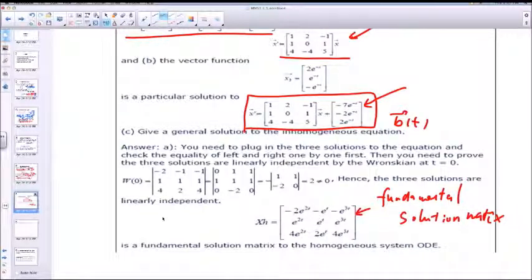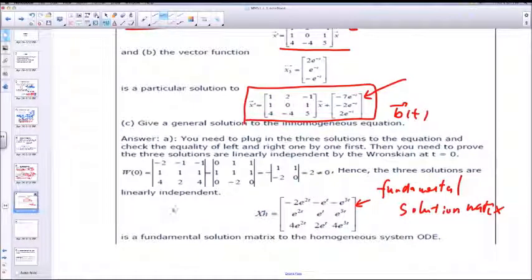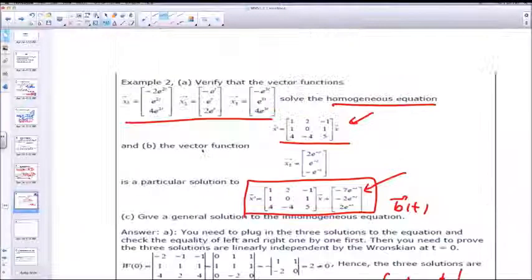To qualify this as a fundamental solution matrix, you need to do 2 jobs. What are the 2 things? First, verify: you need to take this derivative on the left, then multiply this by the matrix on the right to see if this is a solution. You need to do the check. We did this in the last lesson. You need to do the same thing for the second.